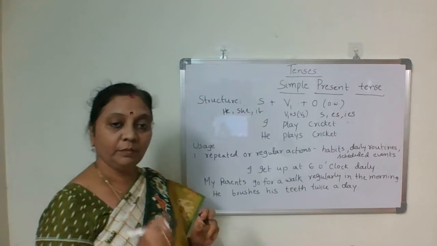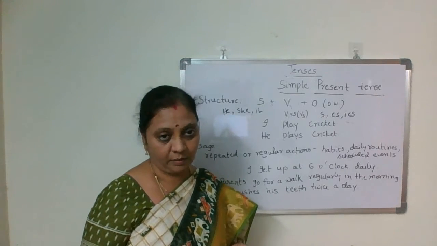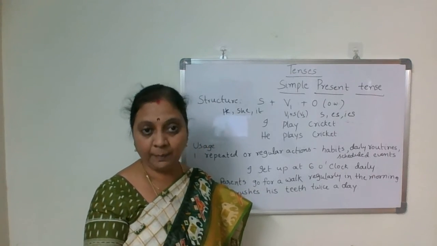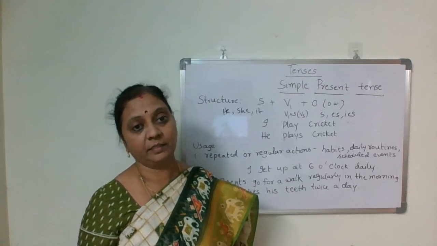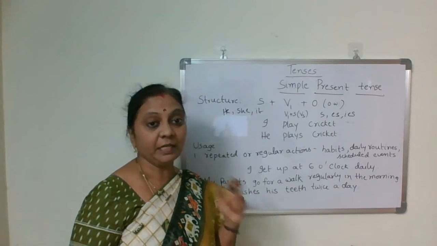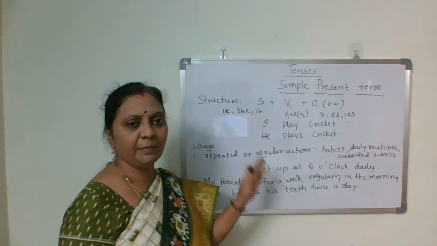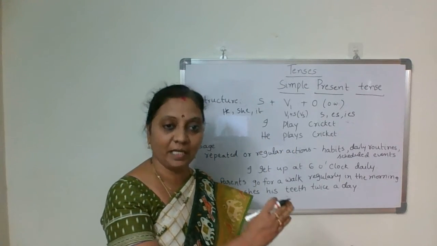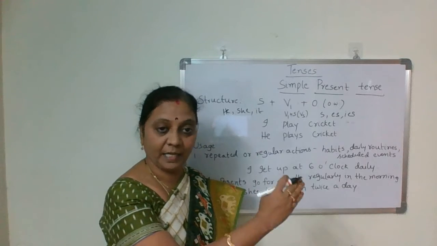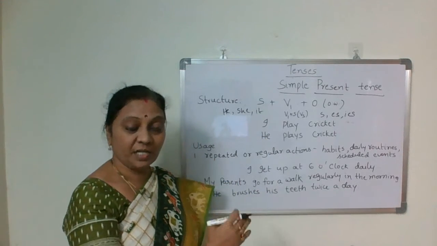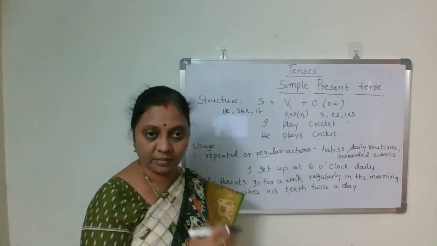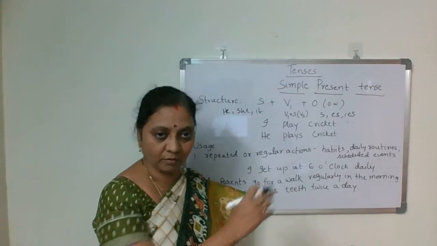Okay. So if I say, I play cricket, they play cricket, we play cricket, and even you play. But when it comes to third person singular, you immediately have to add S: he plays cricket. She sings a song.